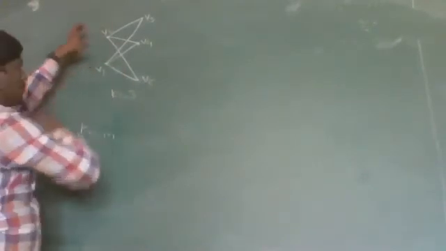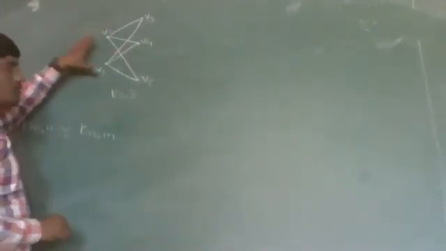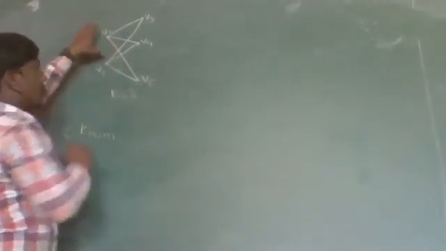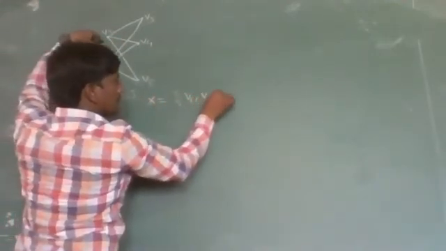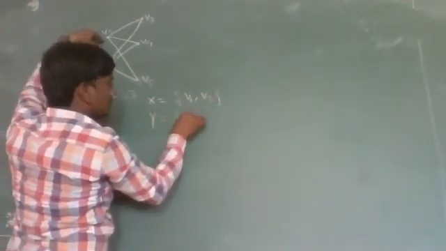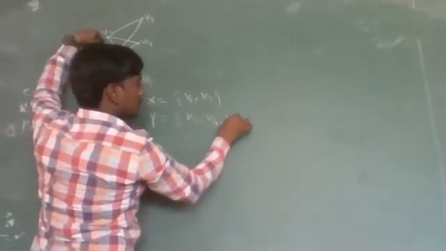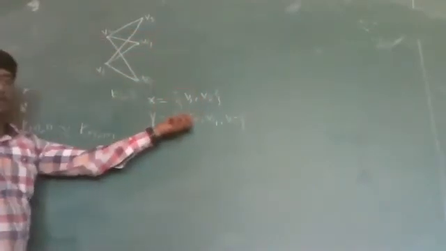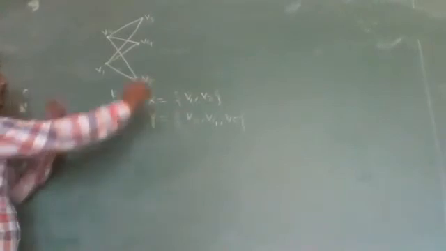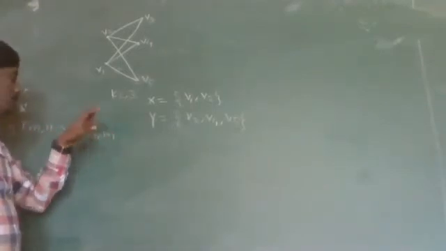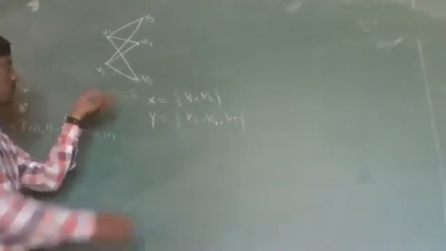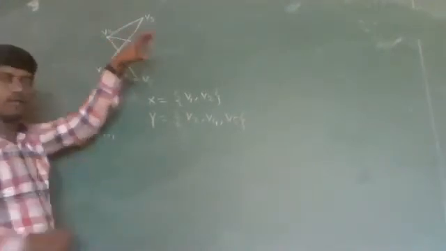Here we can clearly find the two subsets X and Y such that X union Y is V, and this is a simple bipartite graph. X contains V1, V2 and Y contains V3, V4, and V5. Each vertex in X is joined to every vertex of Y, so this one is a complete bipartite graph. Now we have to show that this K23 is isomorphic to K32.